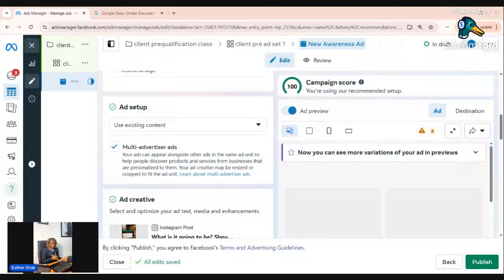Remember the basic rules. Make sure that your ad creative, your videos sell more than flyers. Videos sell real estate more than flyers. When you're running ads, videos sell real estate more than flyers.